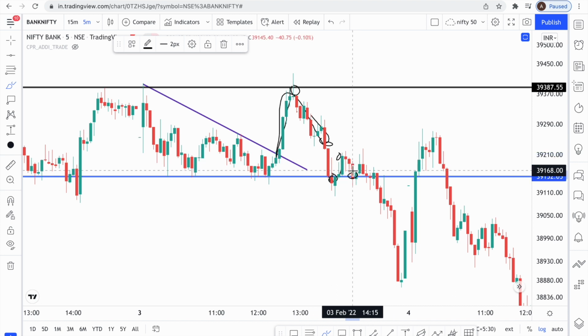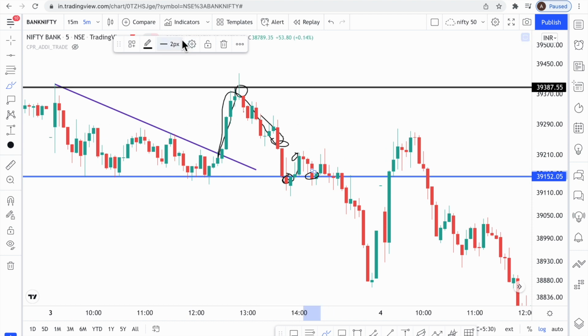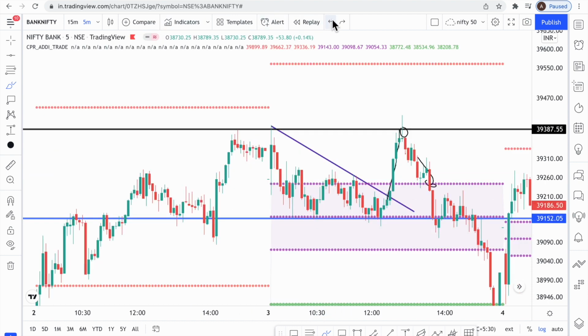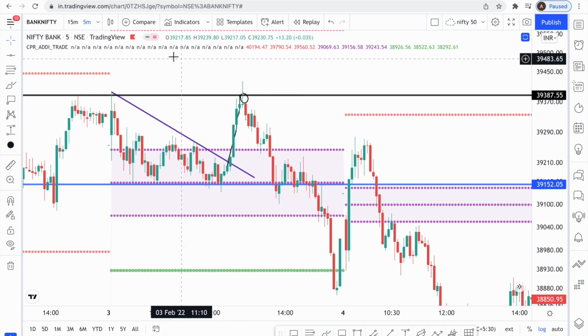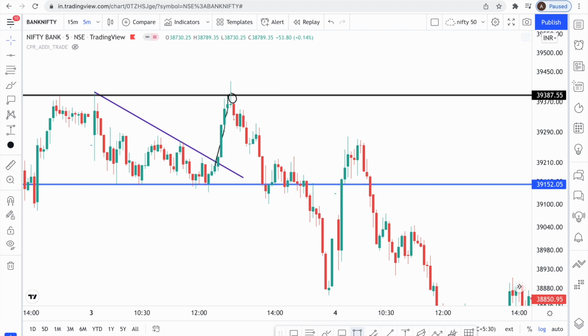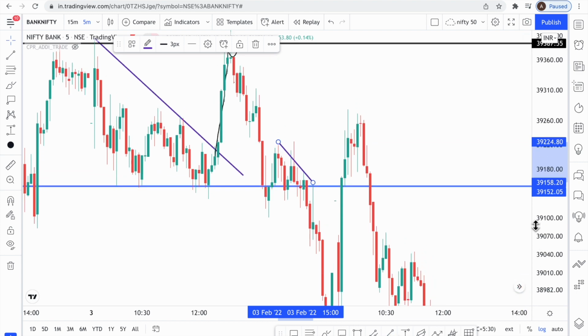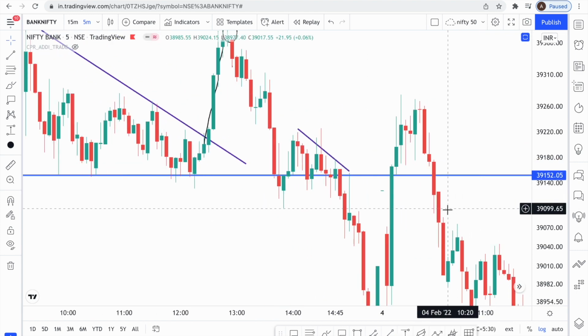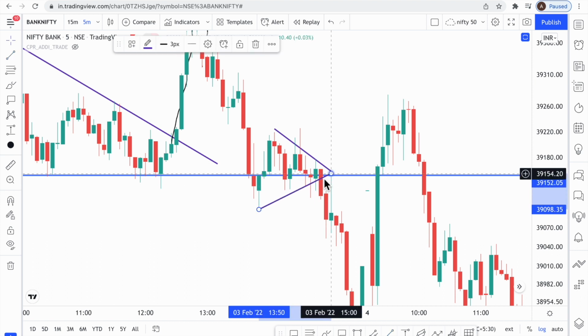But finally when this range broke again, that's why we keep checking for the market to form a range, or what we refer to as a structure. This kind of trend line was there even on this 5-minute candle. A small trend was there. When that broke, again we got heavy selling on the downside.